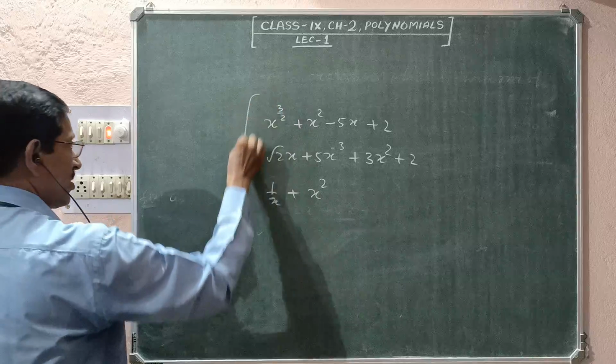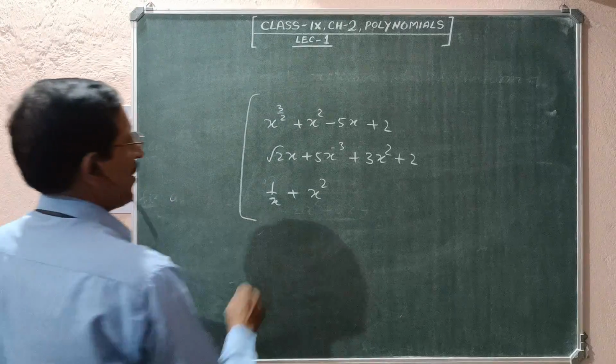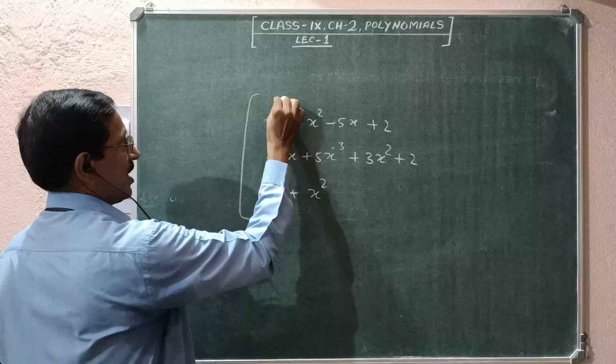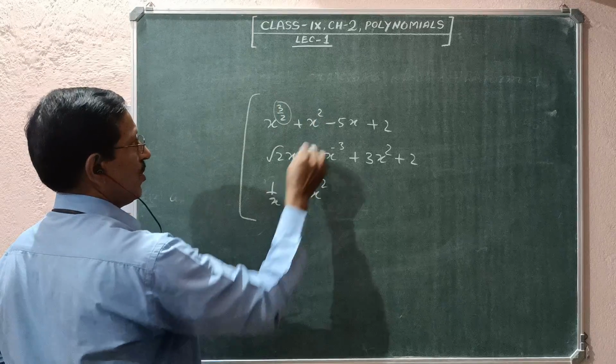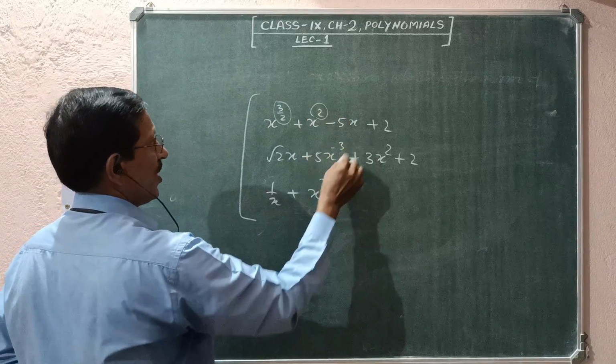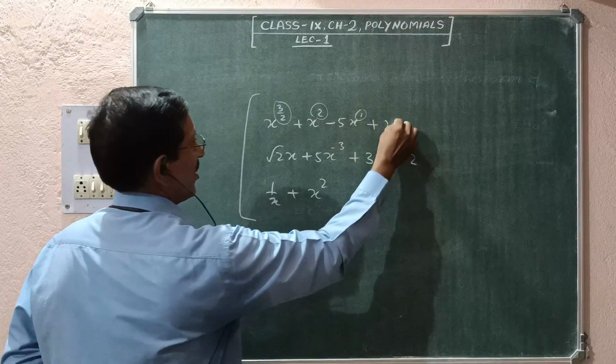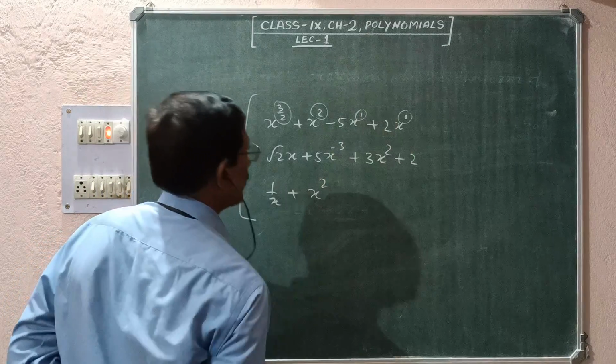Such types of polynomials you are looking at here. The exponent of the variable is 3 by 2, the exponent of the variable is 2, the exponent of the variable is 1, here the exponent of the variable is 0.